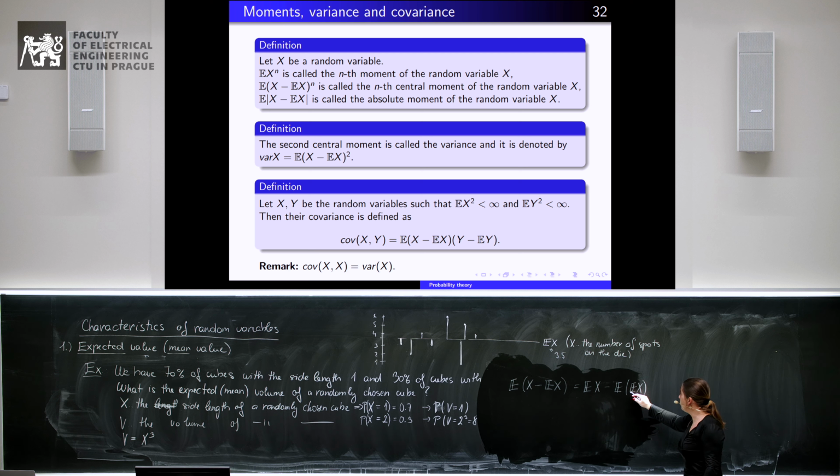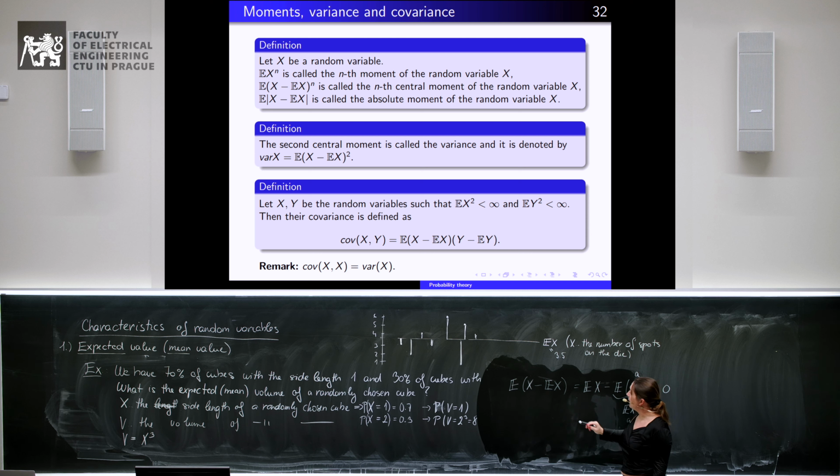So the expected value of the constant is equal to the constant, some constant a. It is equal to a. So we always get 0, so it is not a good characteristic describing how much the random number jumps.